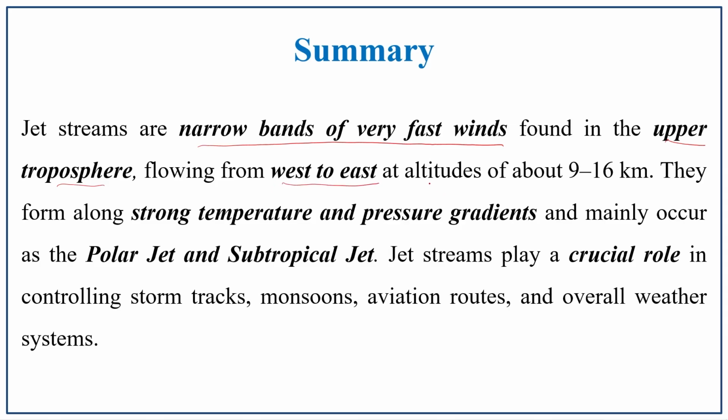The altitude is 9 to 16 kilometers. They form along strong temperature and pressure gradients. Mainly they occur as the polar jet and subtropical jet streams. These jet streams play a crucial role in controlling storm tracks, monsoon, aviation routes, and the overall weather system.